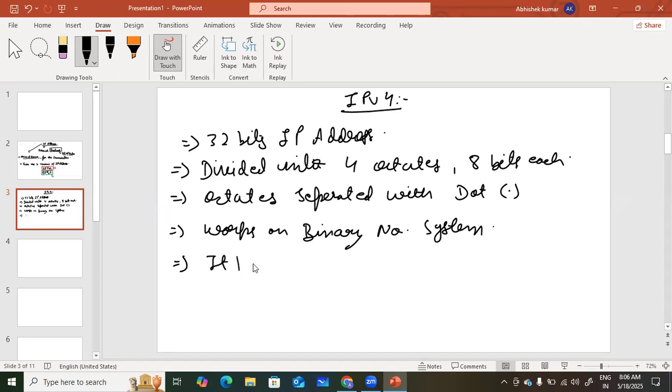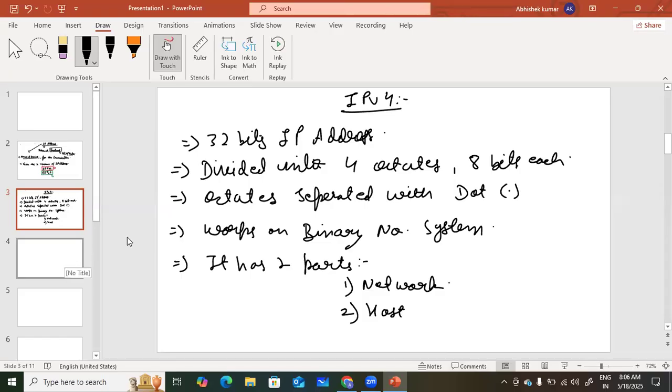It has two parts. One is the network part, and another one is the host part. Now, how many classes do we have?